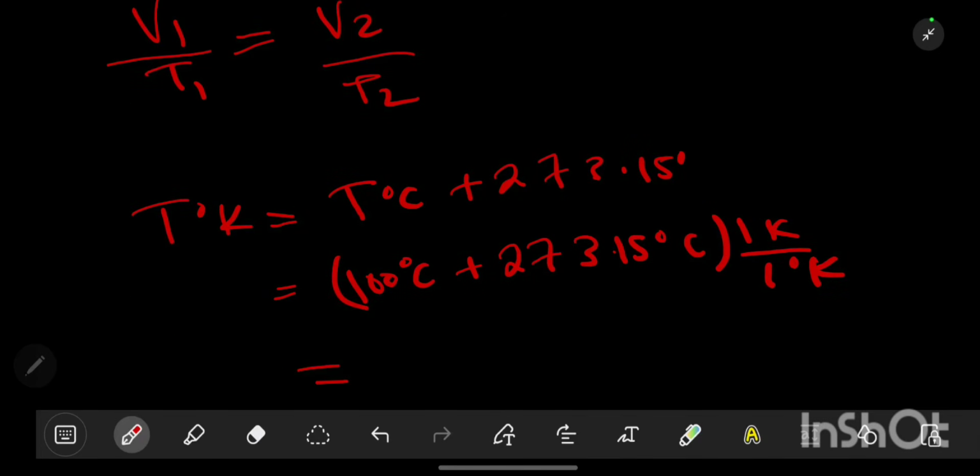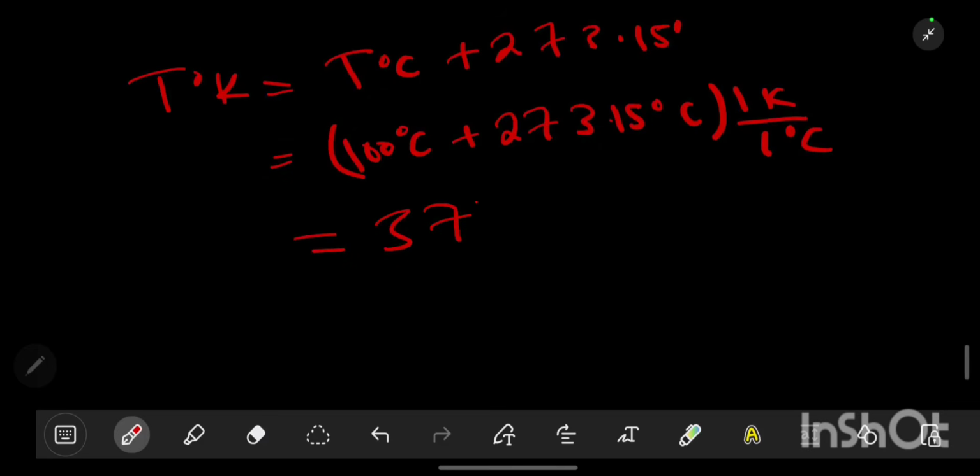If your lecturer is not strict, you can just add directly without this. So we have 100 plus 273.15, which gives us 373.15 kelvins.